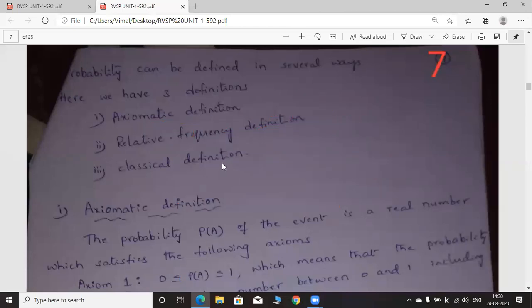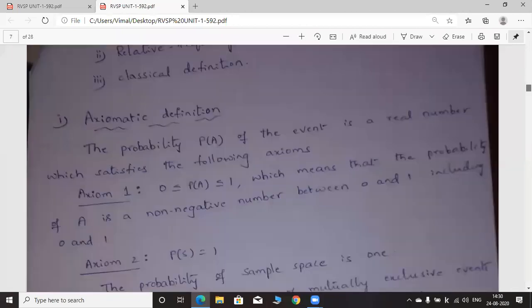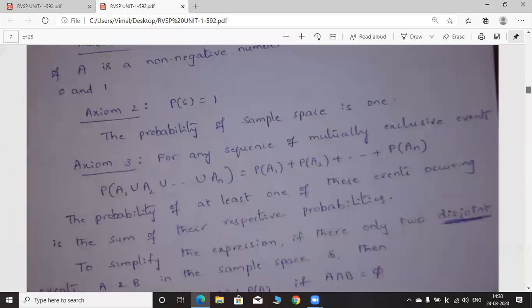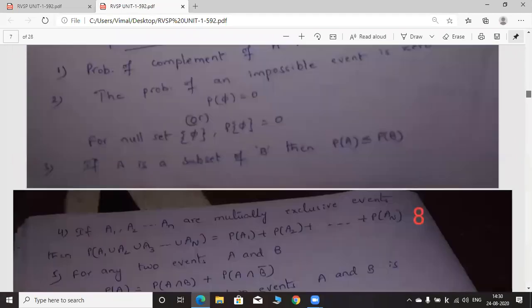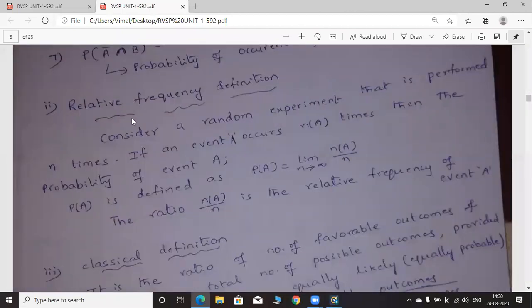The third one is the classical definition. According to the first one, axiomatic definition, we have three axioms for probability. All the three axioms were discussed in the previous class, and properties of probability are also discussed. So the first one is completed. Now let us move to the next definition, the relative frequency definition.